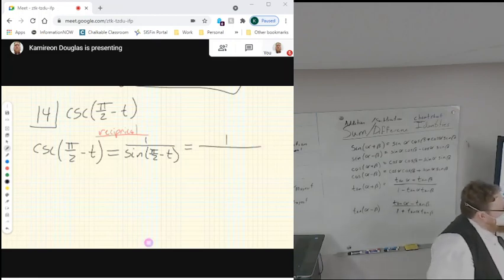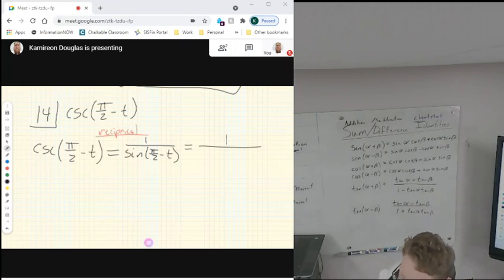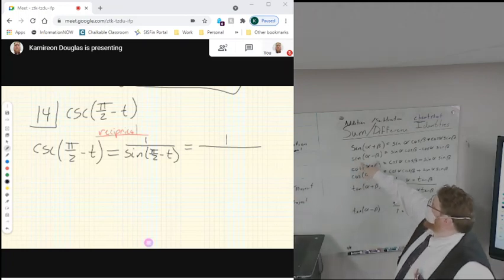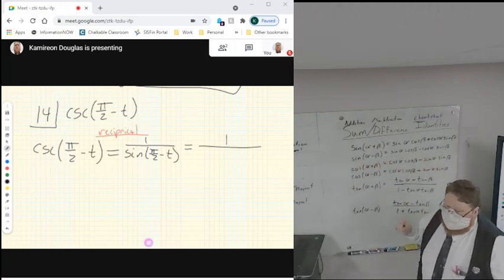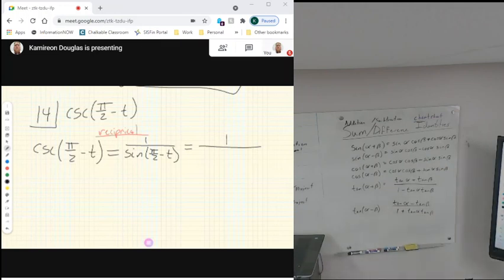The bottom, I'm going to rewrite sine of pi over 2 minus t as sine of alpha times cosine of beta, so sine of pi over 2 times cosine of t, minus cosine of pi over 2 times sine of t.